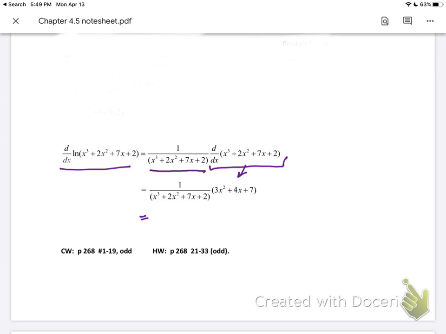So you can write your final answer as 3x squared plus 4x plus 7 all over x cubed plus 2x squared plus 7x plus 2. Notice that natural log is nowhere in your answer.